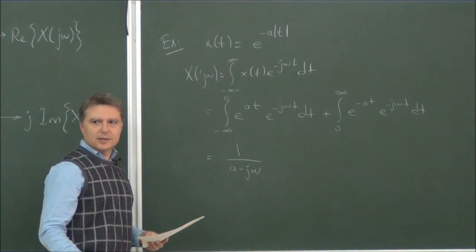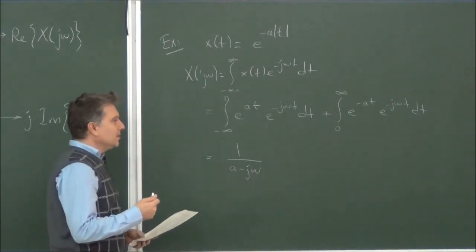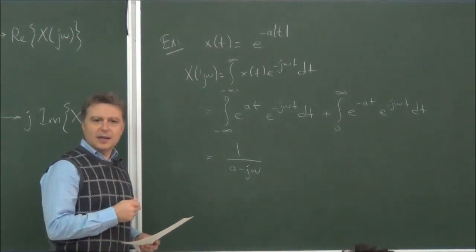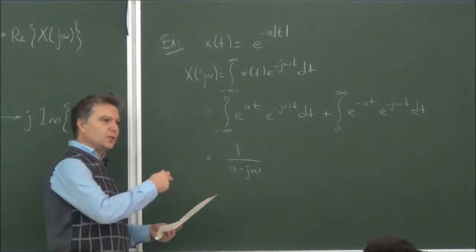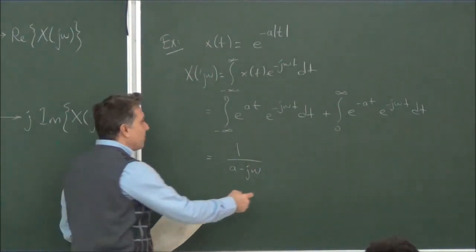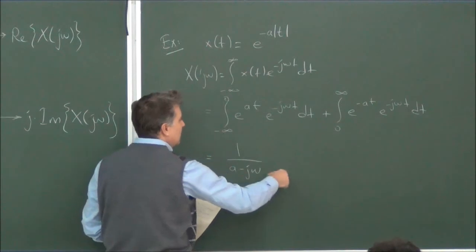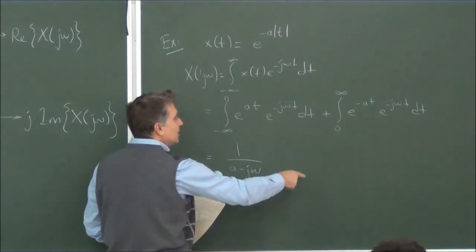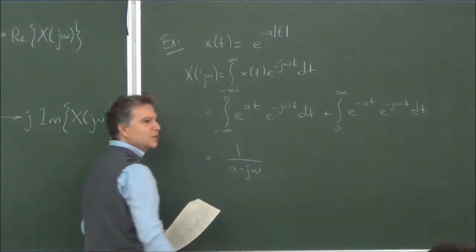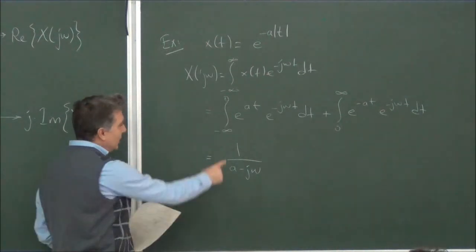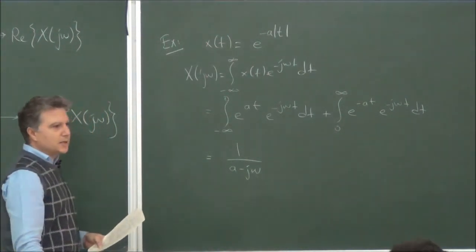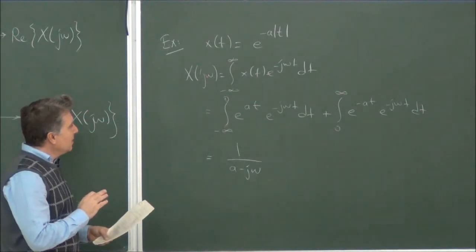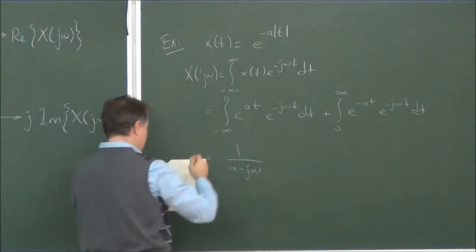That's how we integrate. Now I am not going to spend any time on that, and you must just trust me, and if you don't, just check it out. From 0 to minus infinity, if you evaluate these parts, the first part will be 1, the second part will be 0, so we only have this 1 over a minus j omega as this first integral.